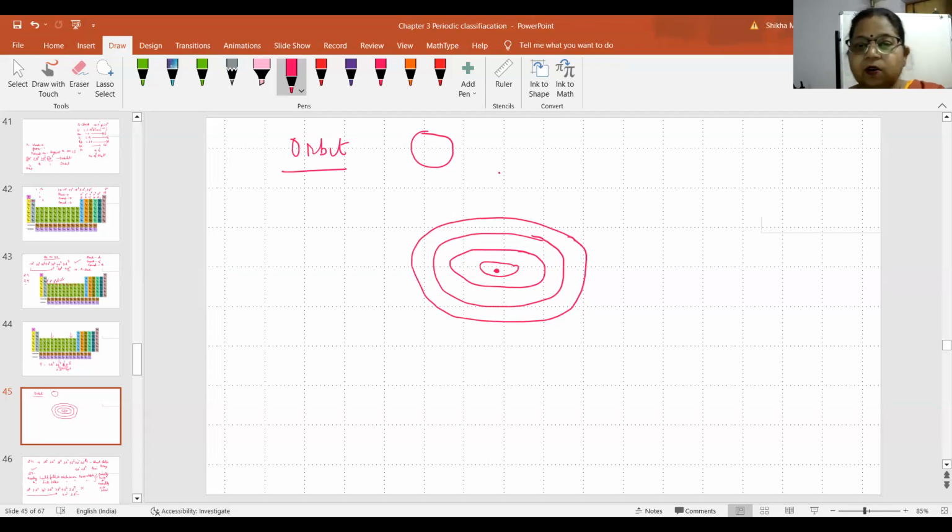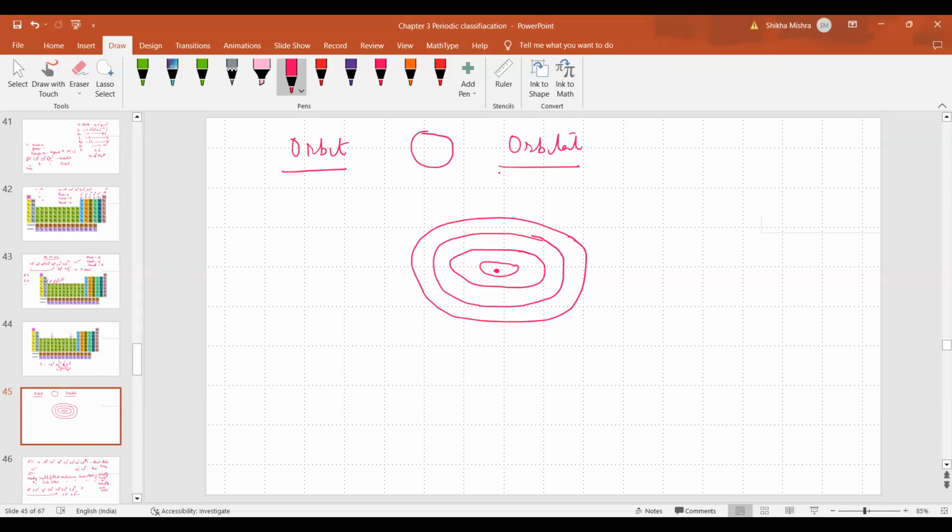But before I talk about it, can anybody tell me, if I ask you to draw an orbit and orbital in an atom, will you be able to draw that in the same picture? No, ma'am. Anybody else? Ritika, what do you say? What is your take? Ma'am, I'm not sure, ma'am.